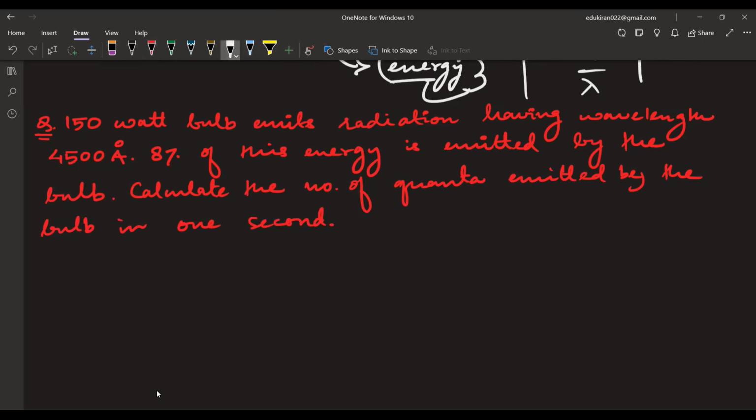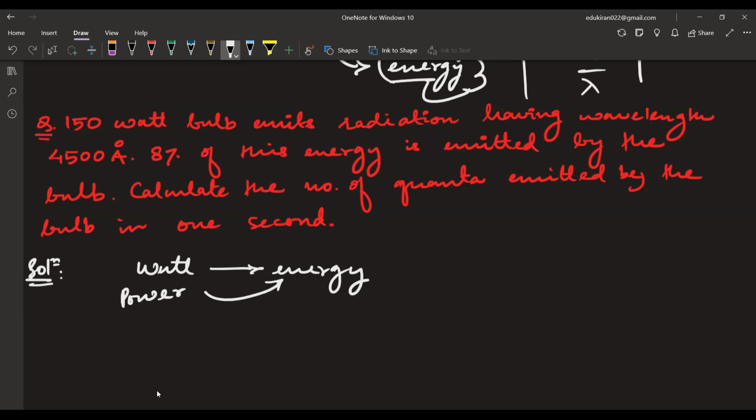If you look at the last numerical, you will know that from watt, that is power, you can get the energy, you have a formula. So you can get the energy for 1 second. From power, you can calculate the energy, right? And out of this energy, only 8% is emitted.